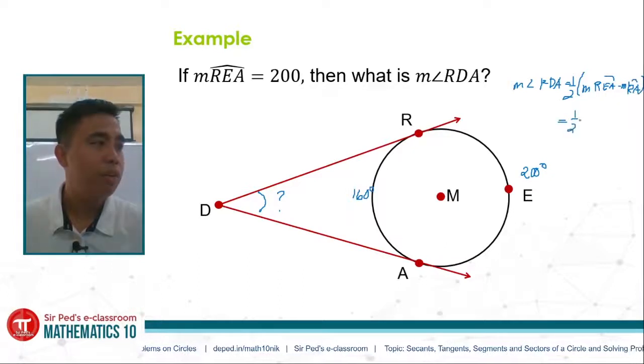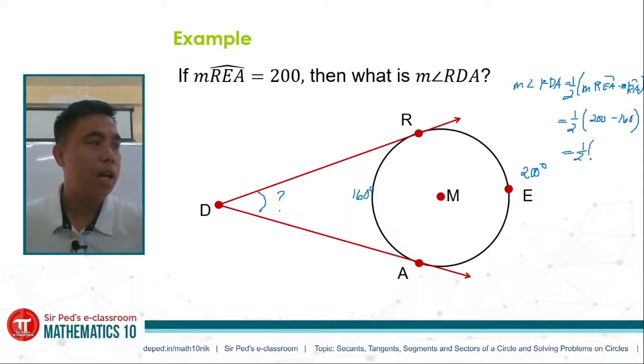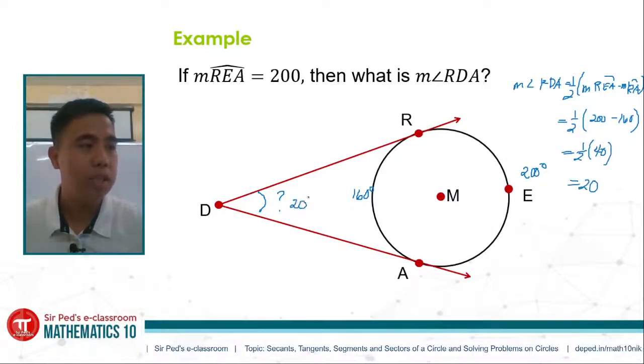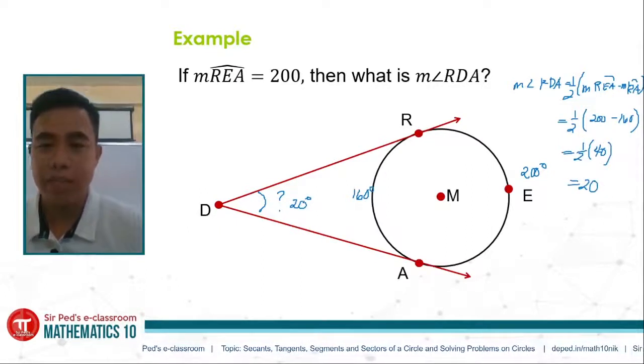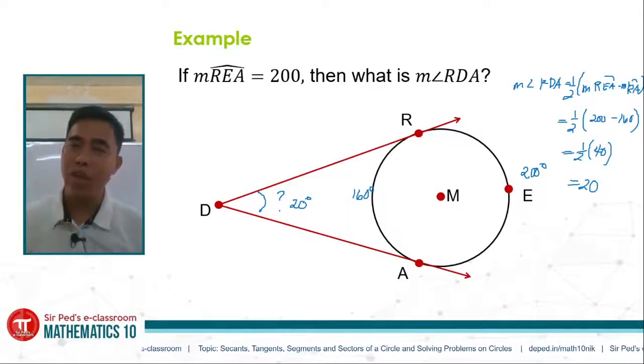So 1/2 of 200 minus 160, that is equal to 1/2 of 40, which is equal to 20. Therefore, this is 20 degrees. So we are done with two theorems.